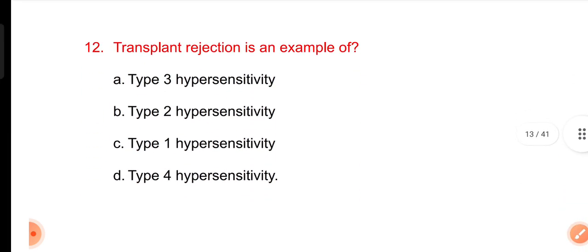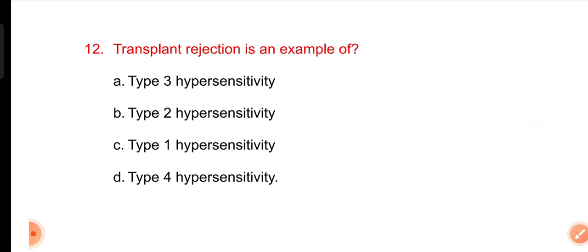The next question is: transplant rejection is an example of? When a person has had a transplantation of any organ, and that organ is rejected by the body, what do we call that type of rejection?